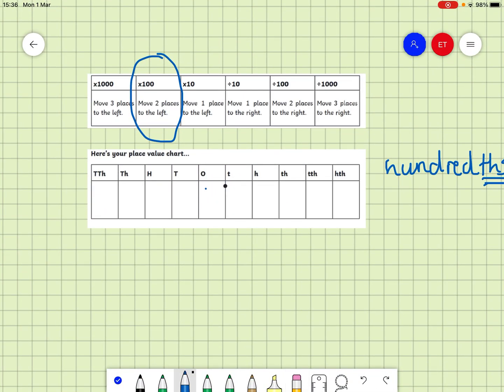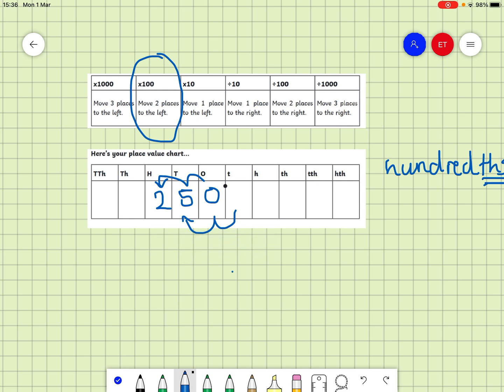Right, 2.5 meters. So again, each digit is going to move 2 places in the place value. So 2.5 times 100 is 250.